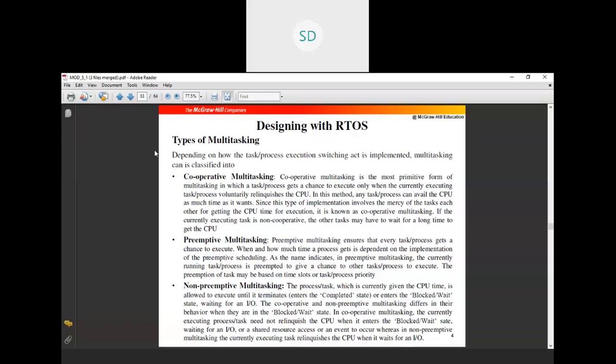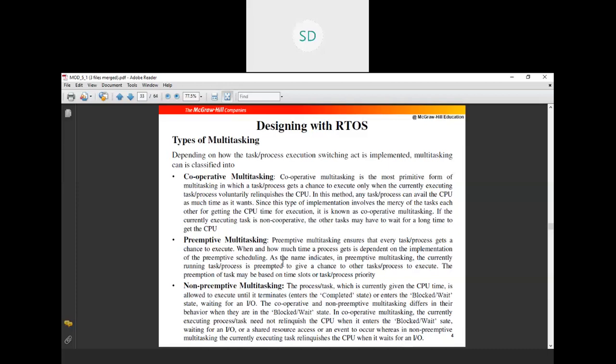When and how much time a process gets depends on the implementation of the preemptive scheduling. As the name indicates, it is going to preempt the current running task and give a chance to the other task in the queue.